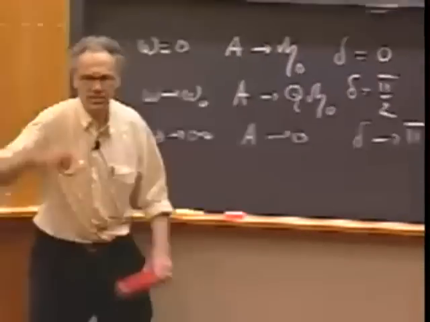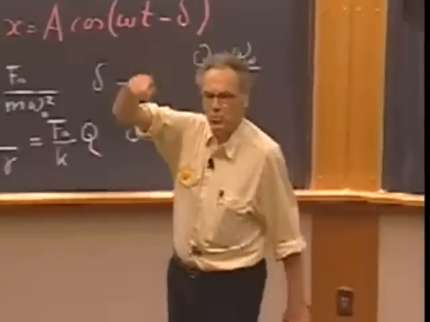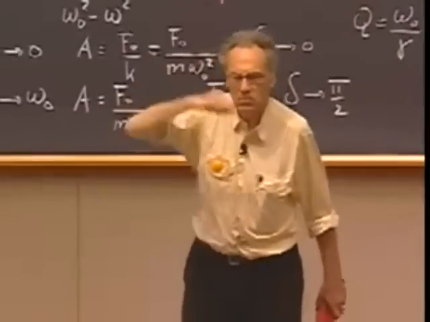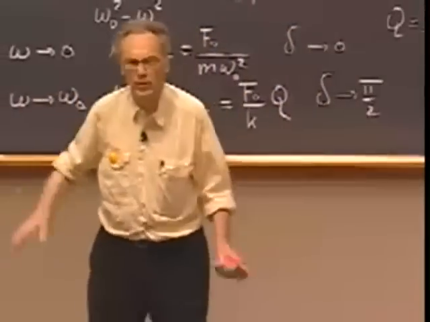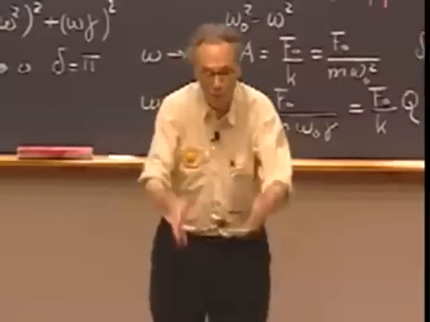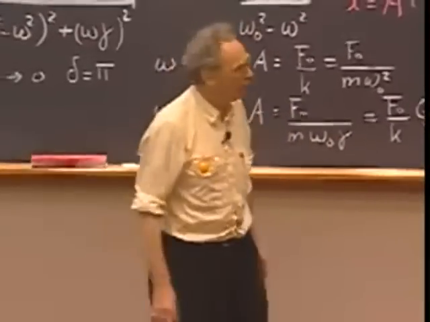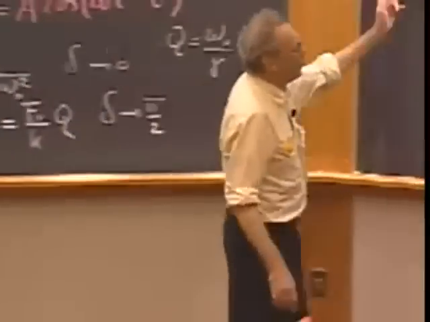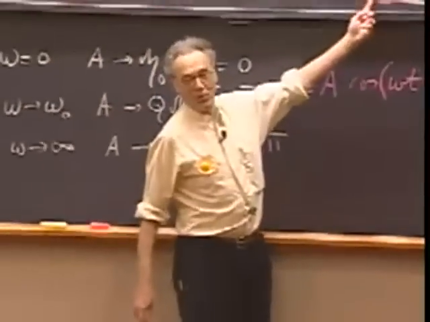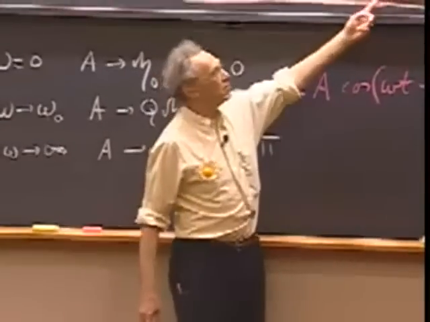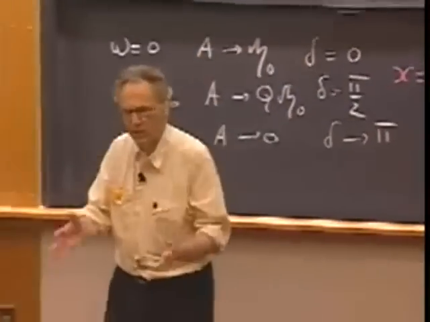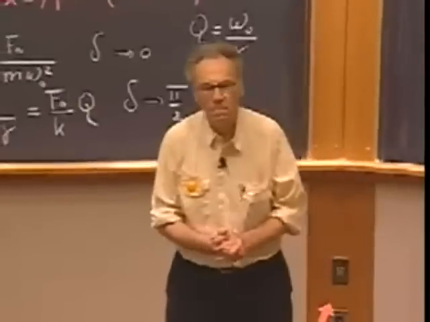Suppose I shake it with an amplitude eta 0. No differential equations, no nothing for now. But I know that somehow it will come out in terms of a force at the object. So I know that when I write down the differential equation, of course it shows up exactly this way. I get an omega 0 squared times eta 0, except the omega 0 squared is now k over m.